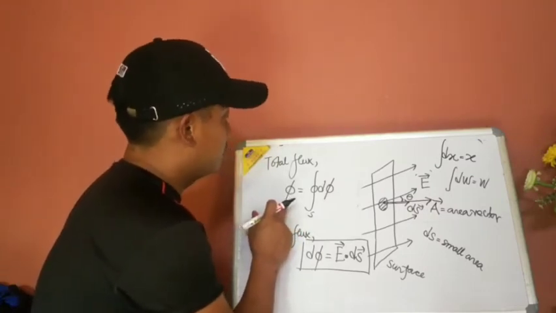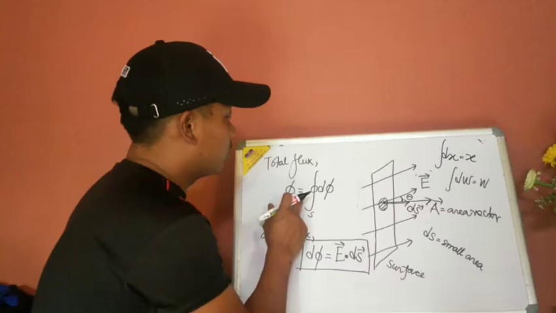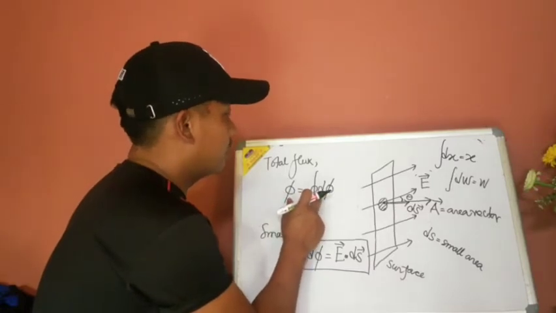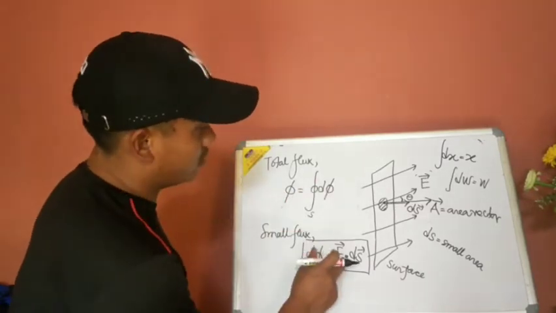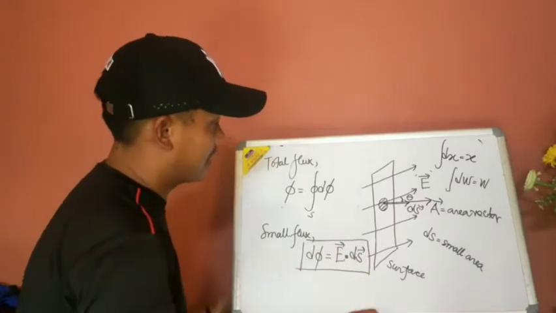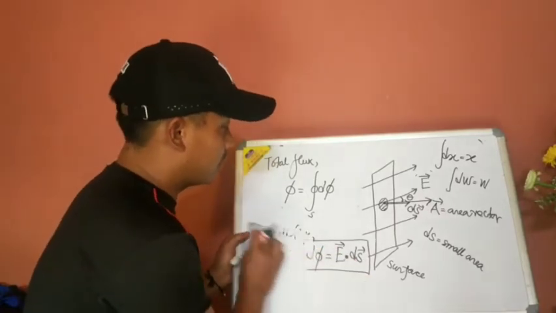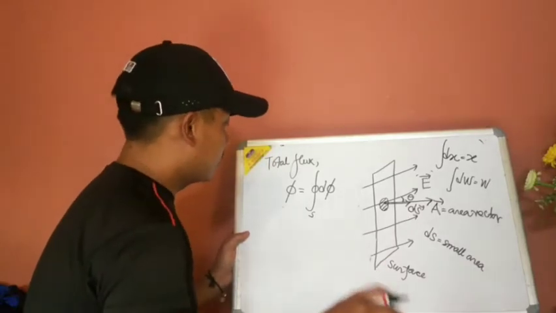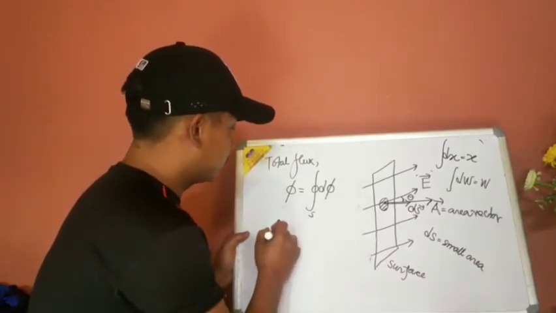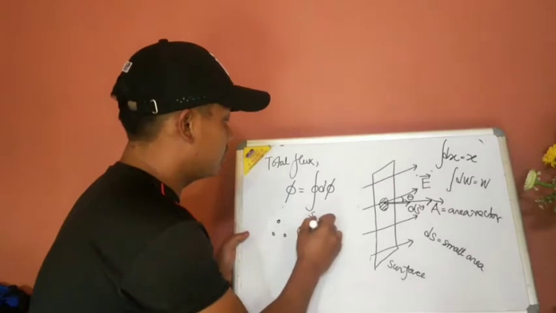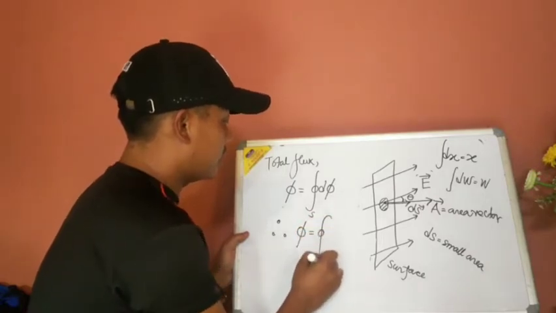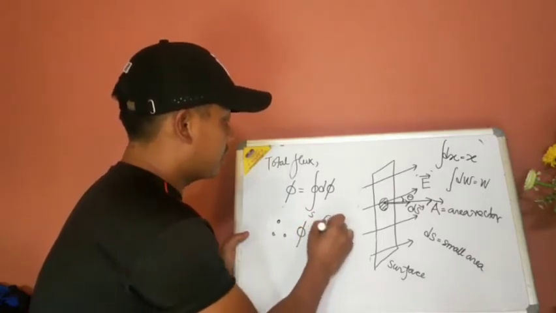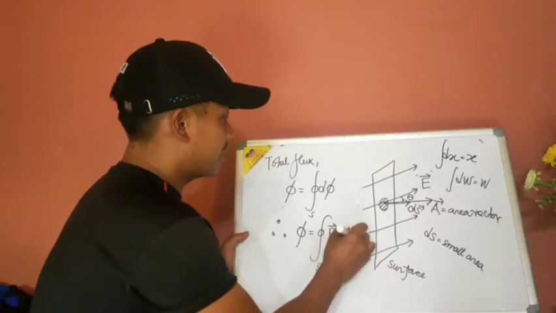Read it as phi is equal to closed surface integral of d phi. But d phi is already equal to E vector dot ds vector. So let us substitute the value of d phi from here. Phi equal to closed surface integral E vector dot ds vector.